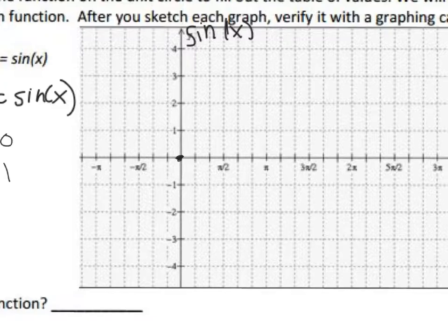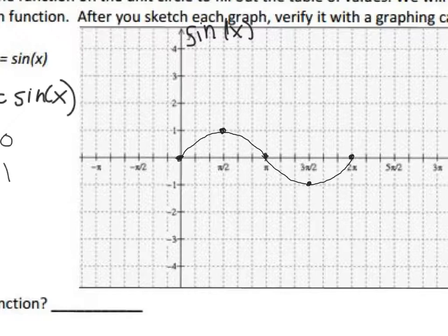The next point is pi over 2, 1, which is right here. The next is pi, 0, which is right there. The next is 3 pi over 2, negative 1, which is right there. And the next is 2 pi, 0. If you connect these with a smooth curve, you get kind of a wave. This is what the graph of sine of x looks like.